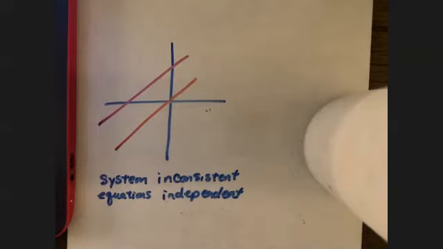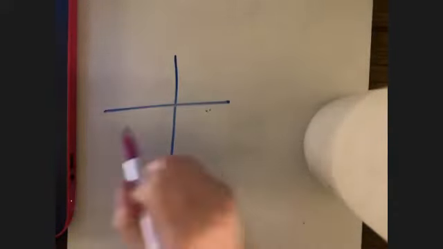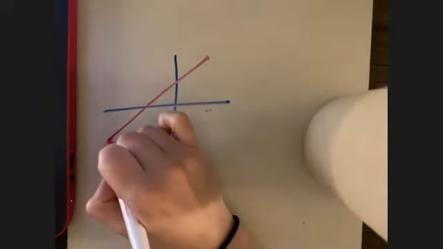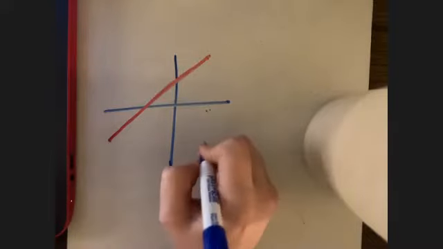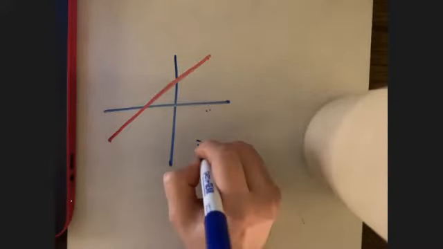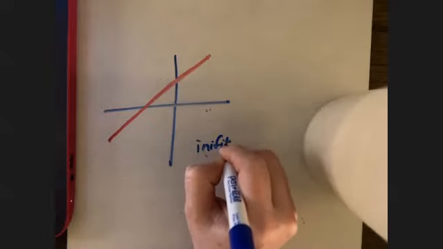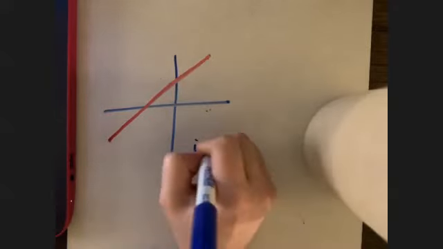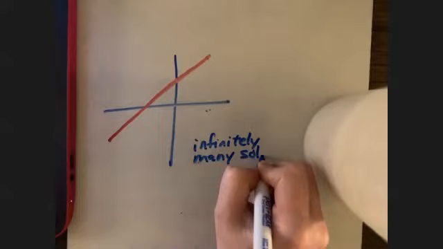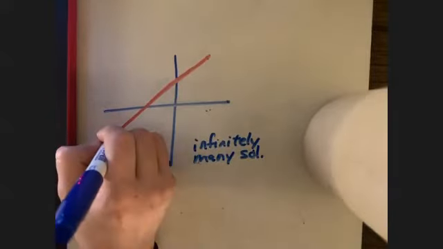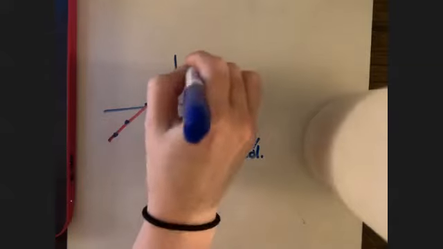Okay, now there is a third option that we have. And that is that the two equations are the same line, okay? Now, first off, this has infinitely many solutions, because any point that I pick on one is automatically on the other, and I can sit here and keep doing this forever.